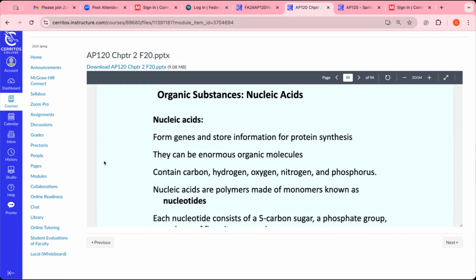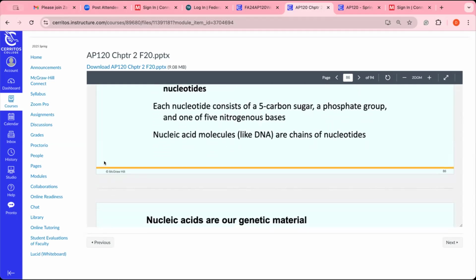Nucleic acids are polymers made of monomers known as nucleotides. Each nucleotide consists of a 5-carbon sugar, a phosphate group, and one of 5 nitrogenous bases. So sugar, a phosphate group, and one of 5 bases. We're going to talk about that, I'm assuming.